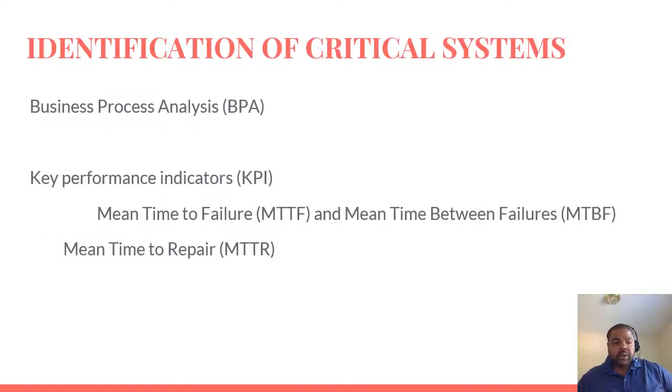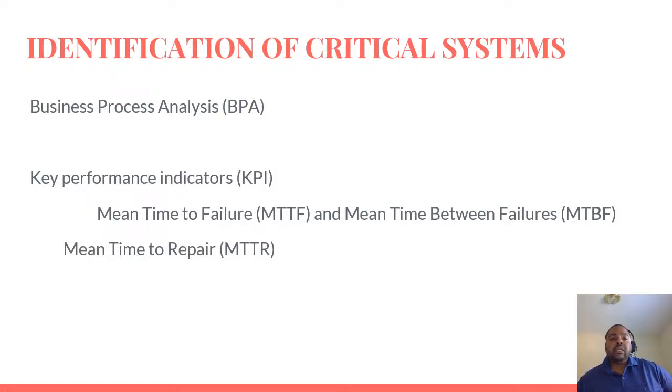So now that you're aware of what the company has that's critical to functioning every day, we need to make sure we keep an eye on the key performance indicators. Mean time between failures and mean time to repair are very important to know. It's an actual algorithm that goes into determining how much time a certain server or switch can be down, and how much time we can lose by having it out of play.